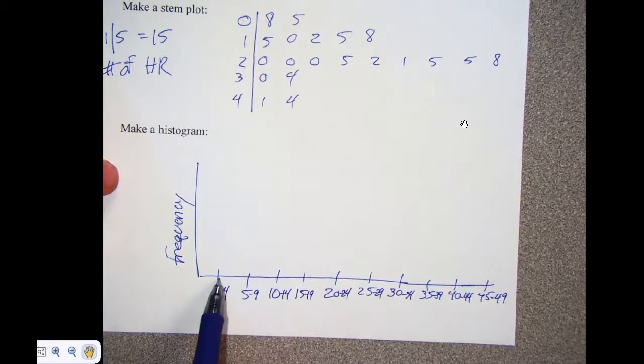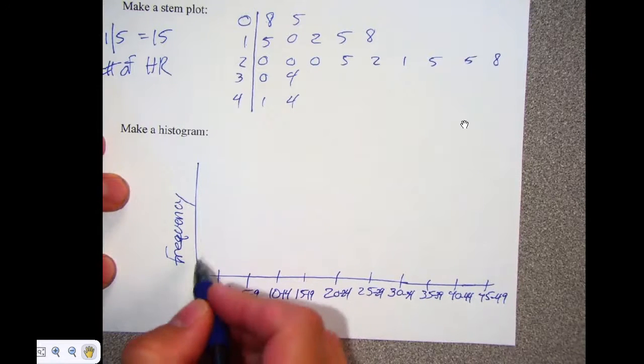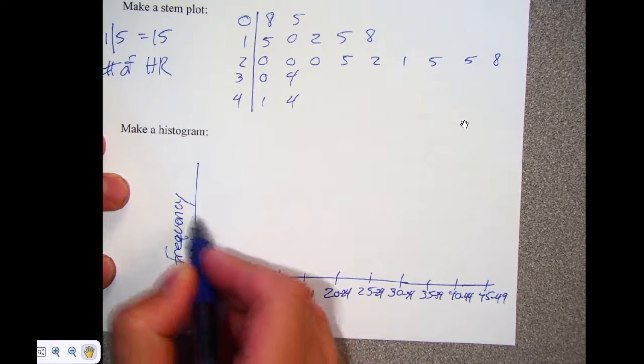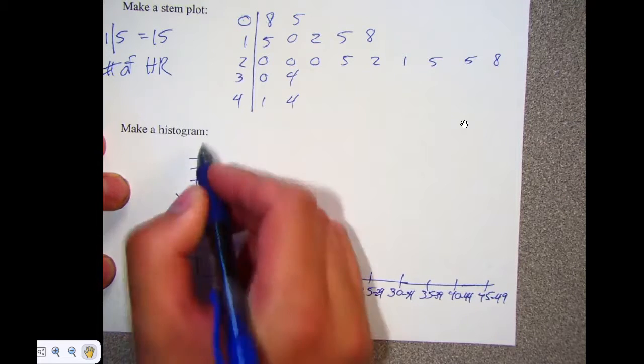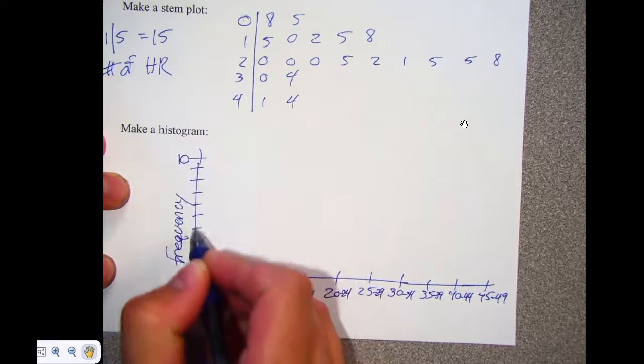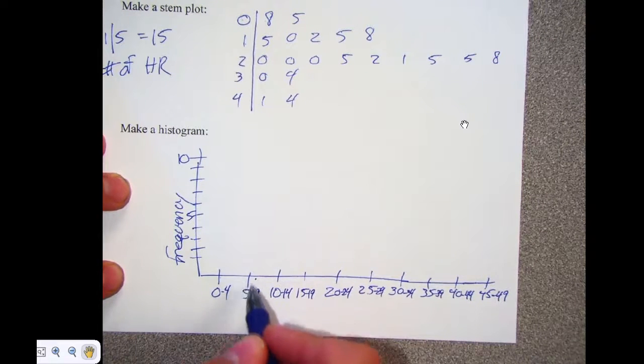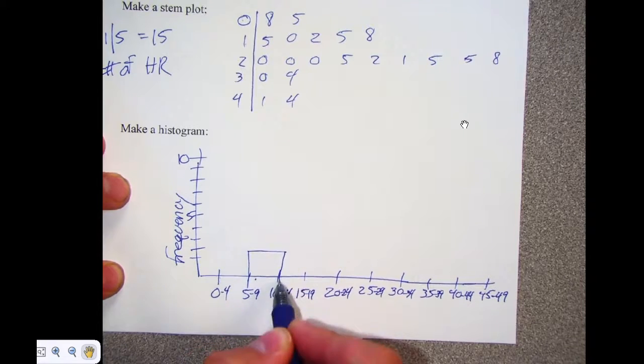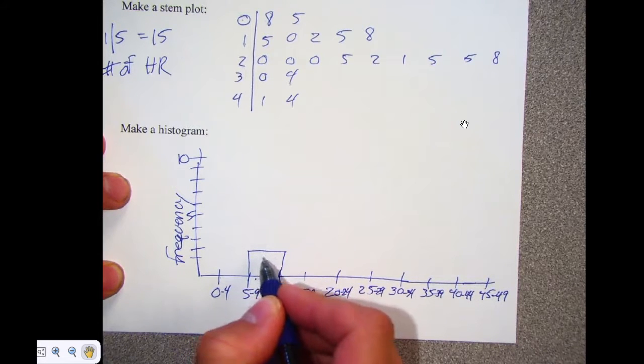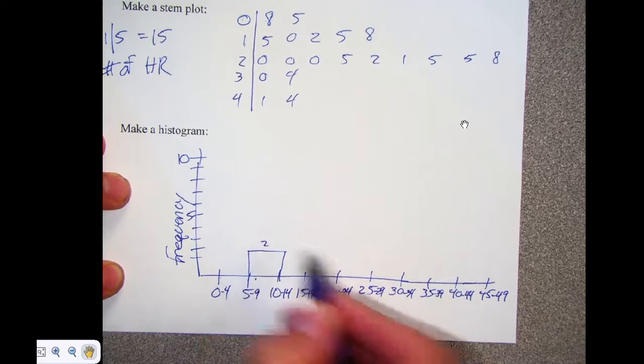So I'm just counting. How many are there between 0 and 4? None. Then at the side, I'm going to go 1, 2, 3, 4, 5, 6, 7, 8, 9, 10. So between 5 and 9, there are 2 data points, right? So I'm going to go up here, and it's a lot easier to read if you put a 2 either in the box or on top of the box.